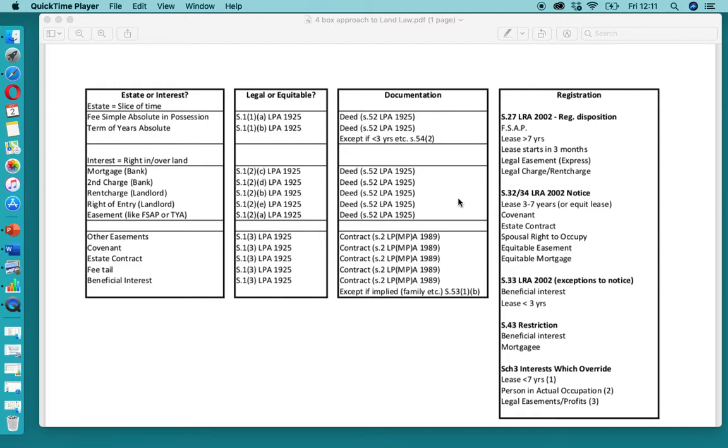So you as land lawyers need to be able to navigate that first box and understand who those people are, what they look like: an owner, a tenant, a bank, a landlord, somebody wandering.